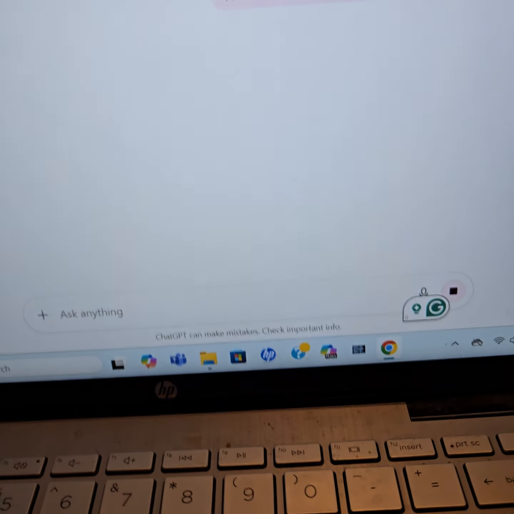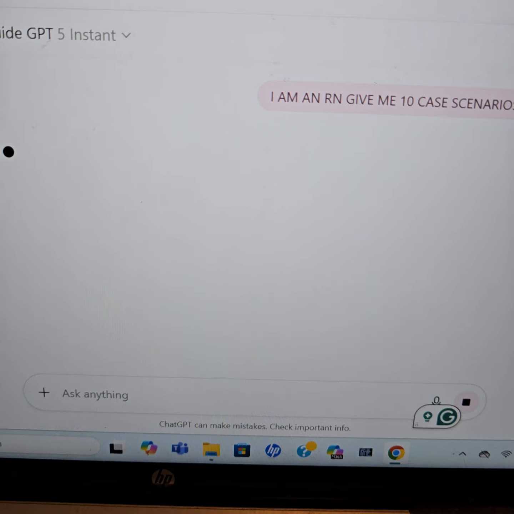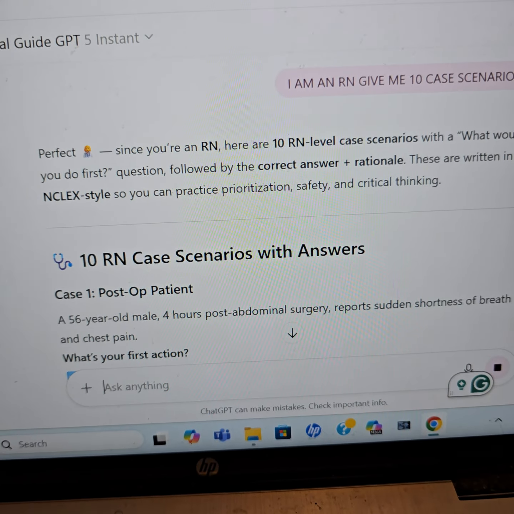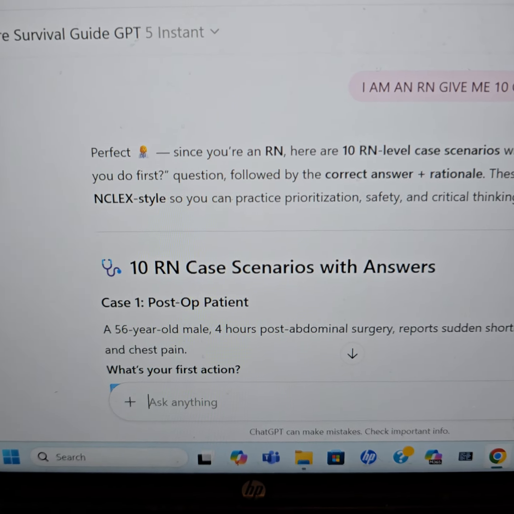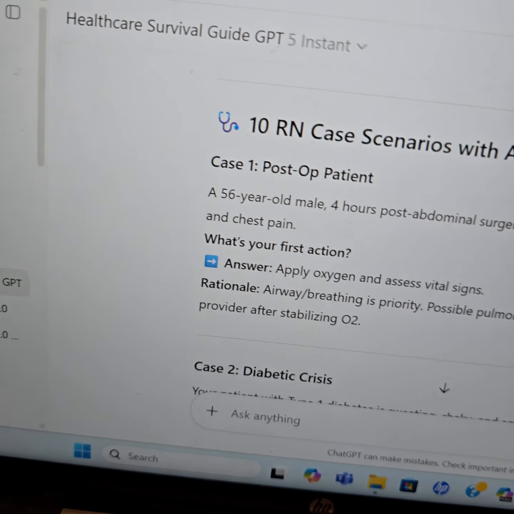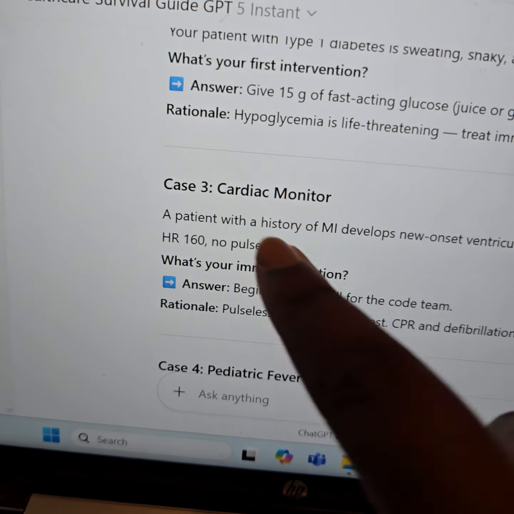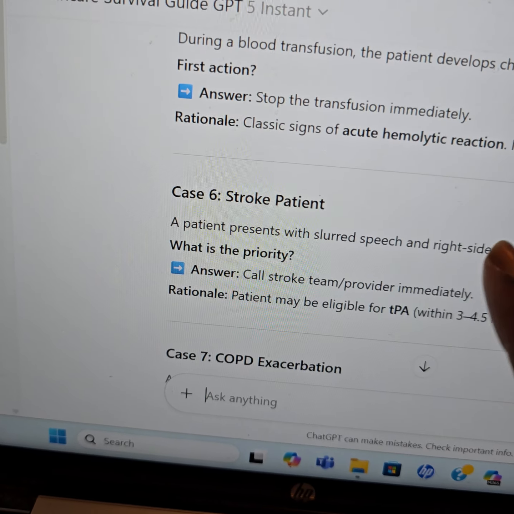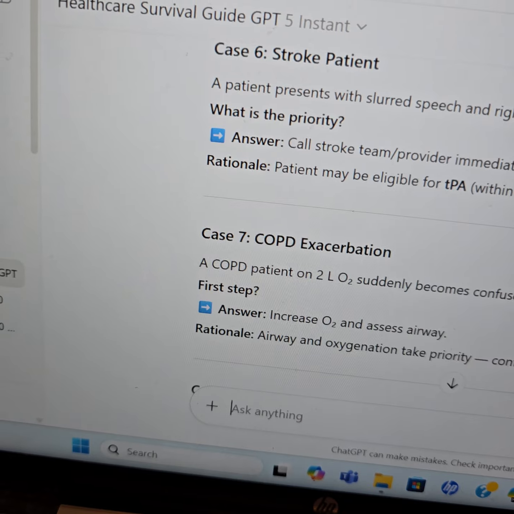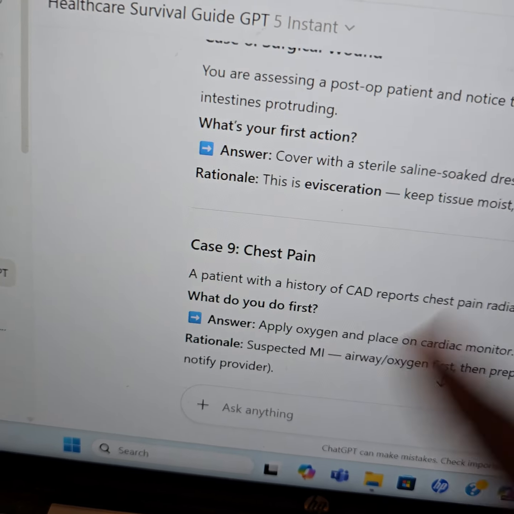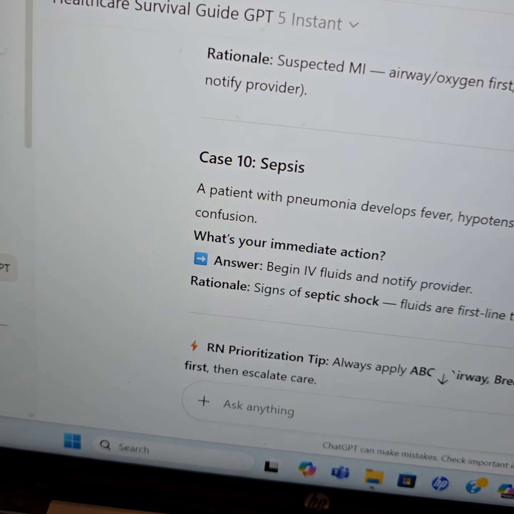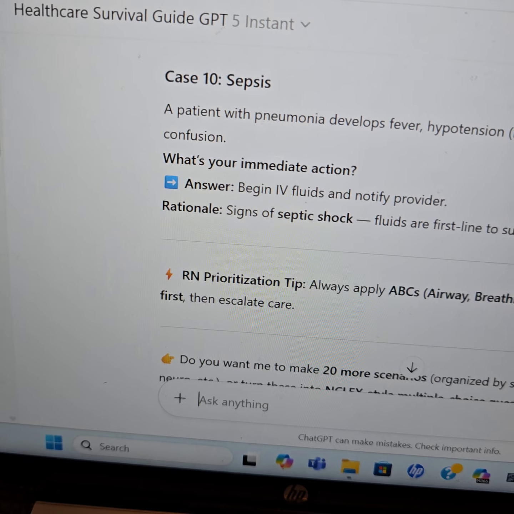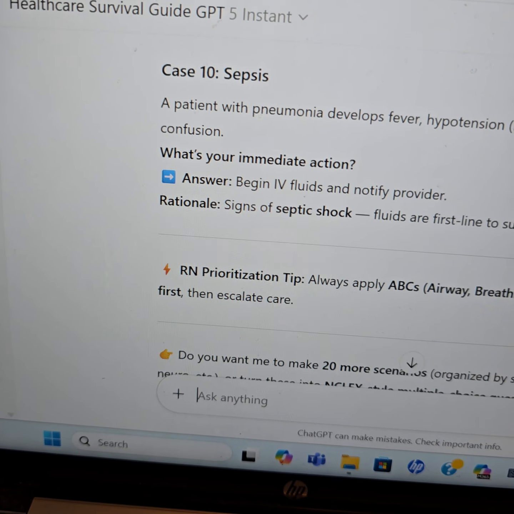Basically, it's going to generate 10 case scenarios that an RN would handle: post-op patient, diabetic crisis, cardiac monitor, pediatric fever, blood transfusion, stroke patient, COPD patient, surgical wound patient, chest pain, sepsis. All these are things that you possibly see, if you want it broken down by unit.